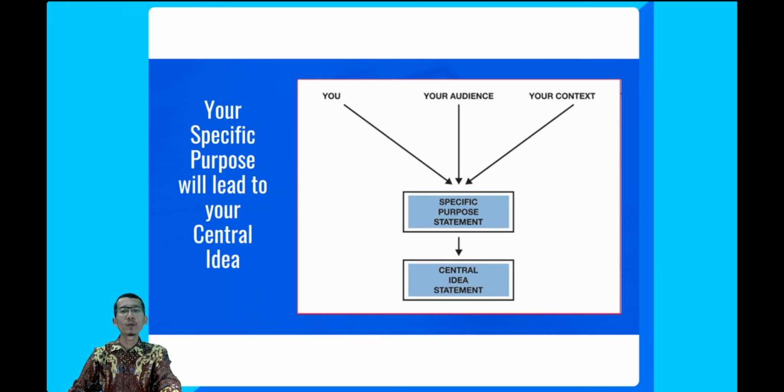So, if your first speech is an informative speech, your general purpose will be to inform your audience about a very specific realm of knowledge. For example, the history of the NASA shuttle program, the history of Java, the history of Prophet Muhammad, and so on and so forth.